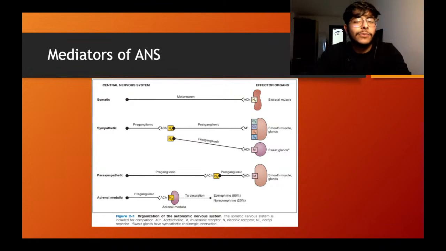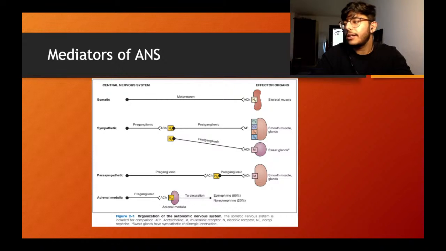But there is one very major discrepancy in the sympathetic system, which is the postganglionic innervation of the sweat glands. That one is just like the parasympathetic system, wherein it's using acetylcholine as the neuromodulator.